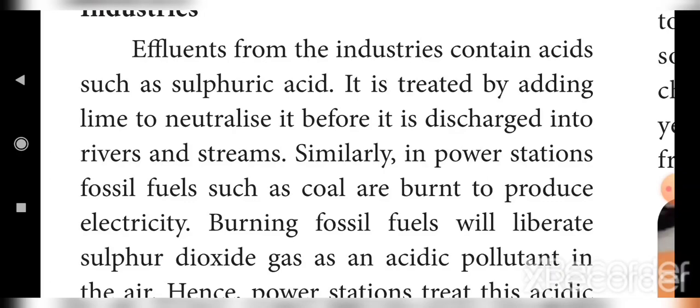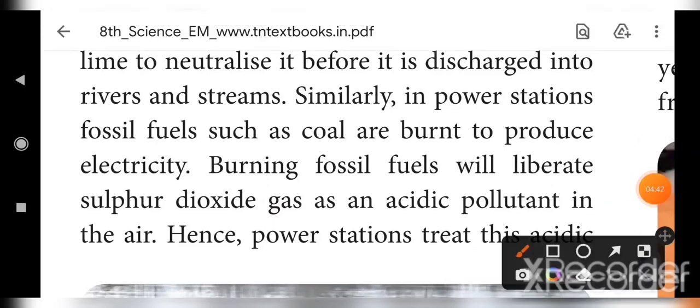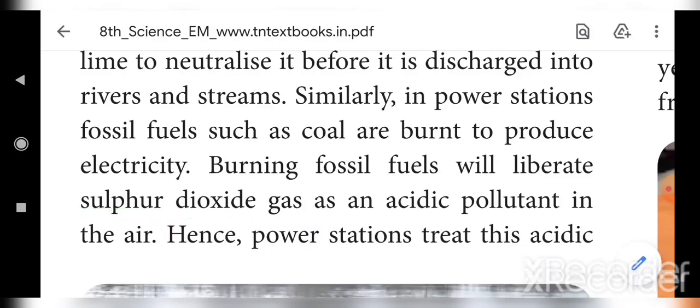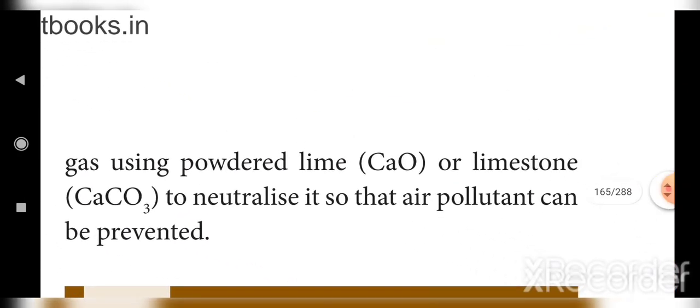Okay, similarly in power stations, fossil fuels such as coal are burned to produce electricity. Burning fossil fuel will liberate sulfur dioxide gas as an acidic pollutant in the air. Hence, the power station treats this acidic gas with powdered lime, CaO, or limestone to neutralize it so that air pollution can be prevented.